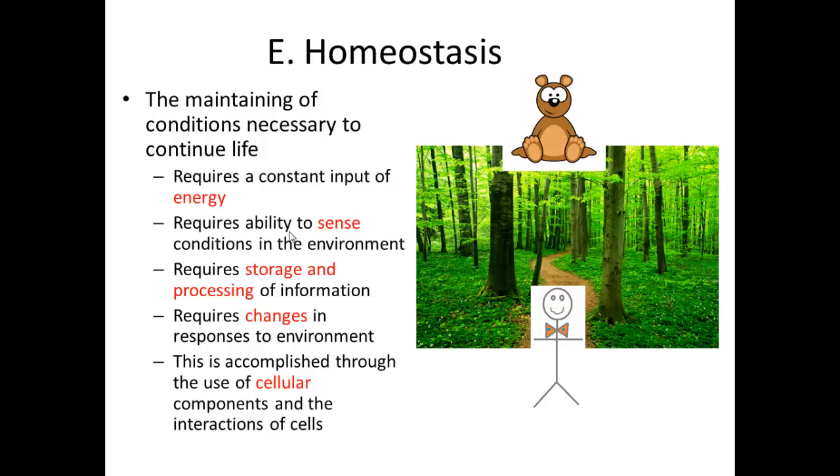It'll cause you to tense up. And more than likely, you will start to run, and all the systems involved in running will be activated, including your heart pumping faster and other things. So that's an example of homeostasis, where you're sensing your environment and then making the appropriate changes internally so that you can stay alive.